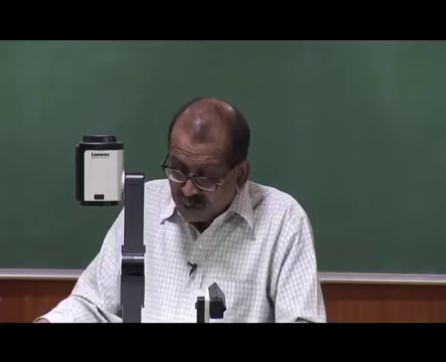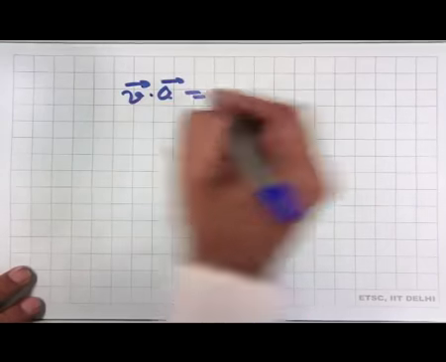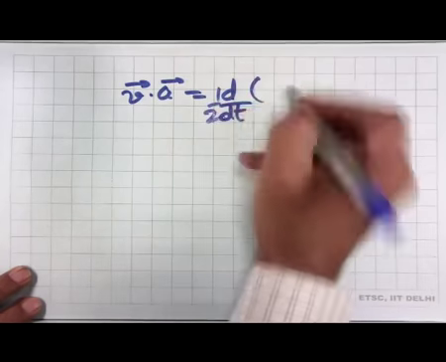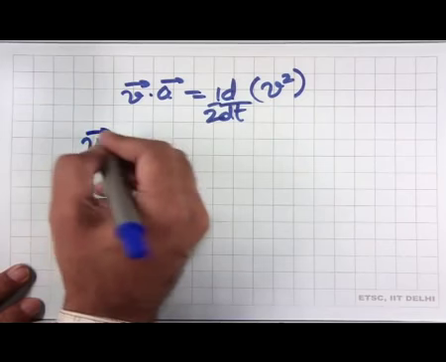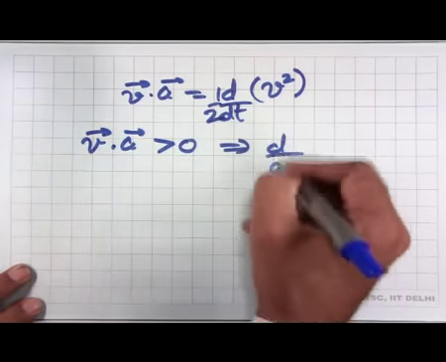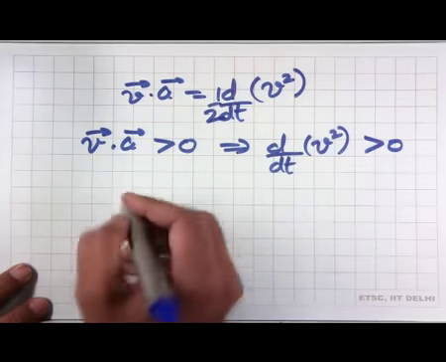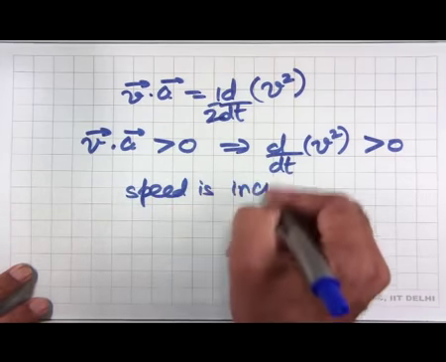So, now as we have seen, v dotted with a is equal to half the rate of change of square of speed. So, if v dot a is positive, this implies d by dt of speed square is positive, and this will mean that the speed is increasing.